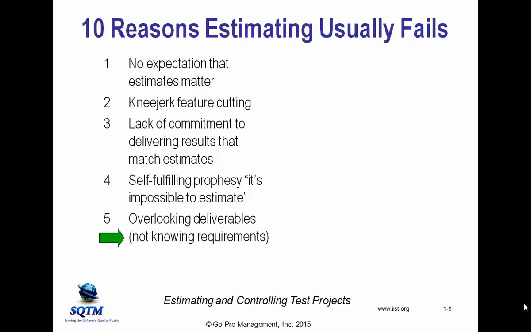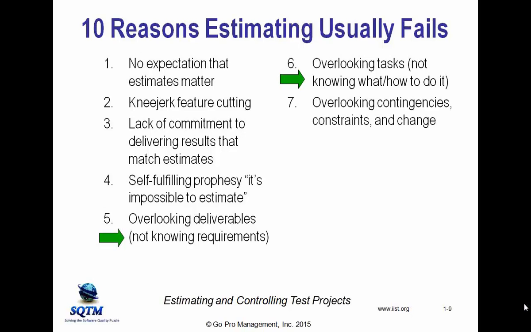So if we overlook deliverables, that's largely driven by not knowing what the requirements are. If we overlook the tasks necessary to create those deliverables, if we overlook the various constraints and practicalities and parameters and uncertainties and contingencies and change.